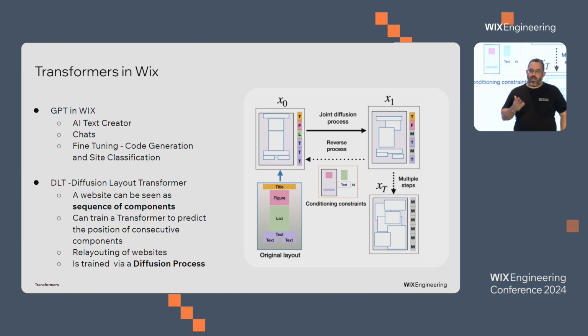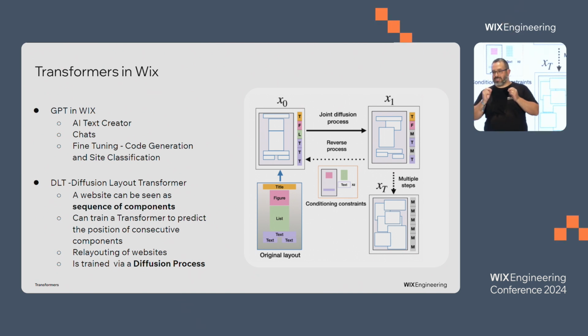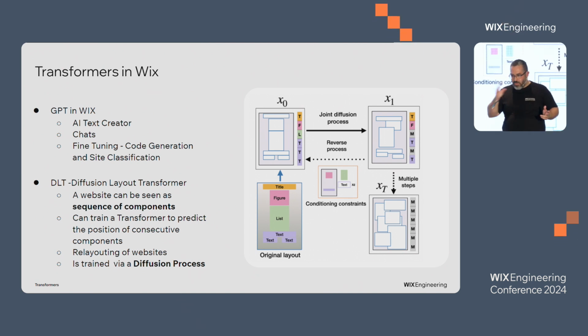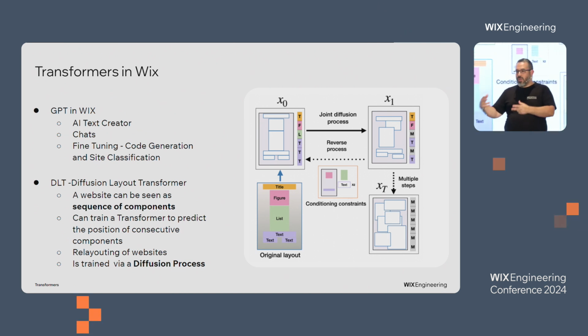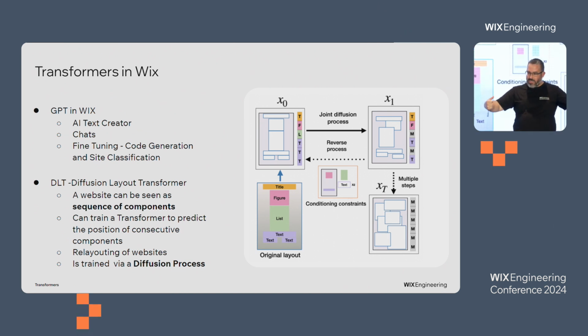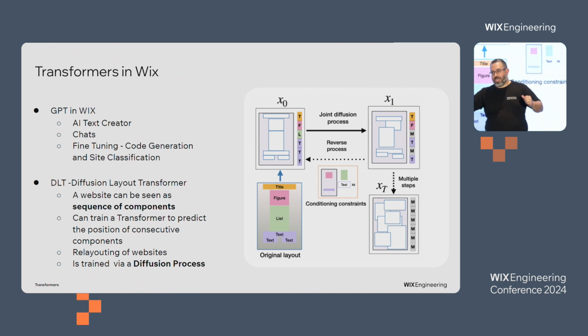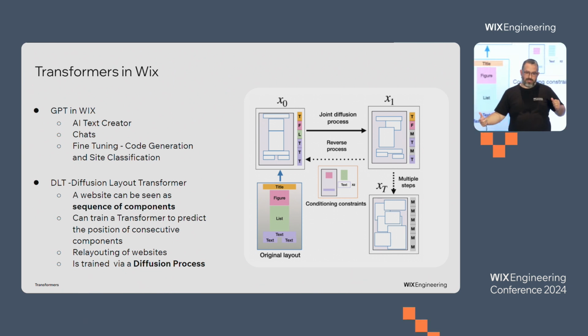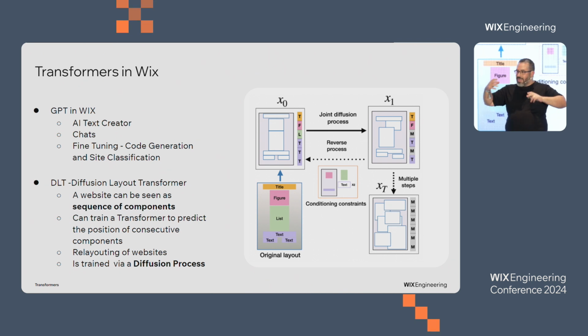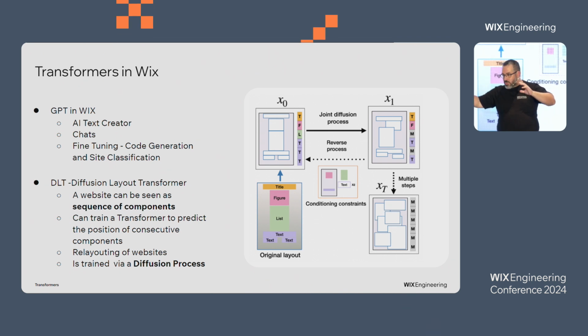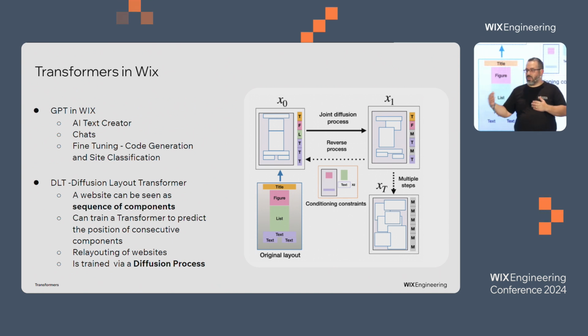We can think of a web page as a series of components, so we can train a sequence model to ingest that sequence of components and generate a better sequence of components. In other words, we can take a poor layout and train our model to improve or tweak it, or generate a better layout using the same components.